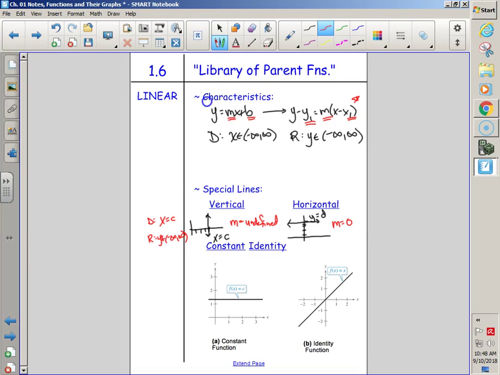That's why I said you're half right. One of these will be right, but the other one will be restricted. What's going on in the horizontal line? What's the domain? All real numbers, forever left, forever right. But what's the range? Just the constant y equals d.